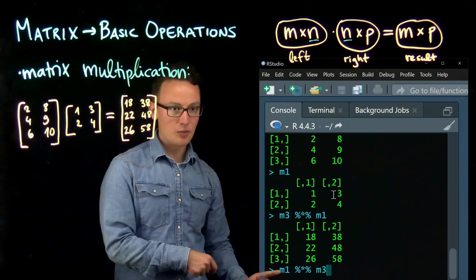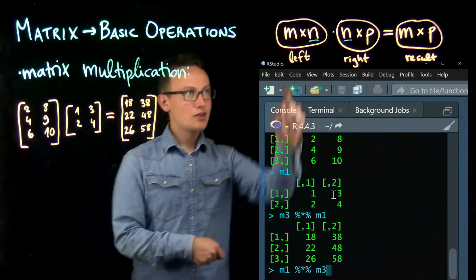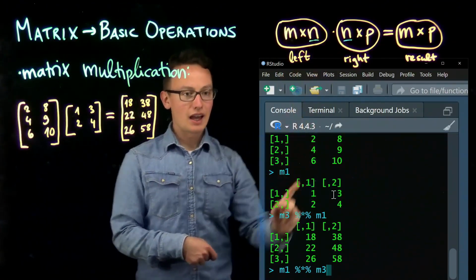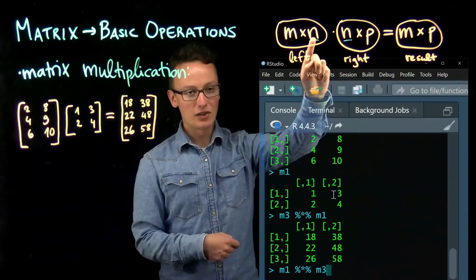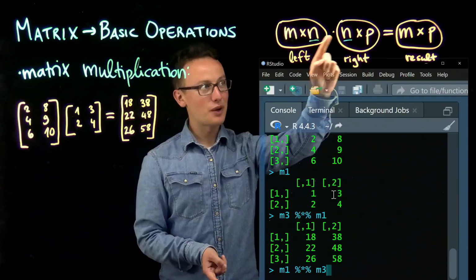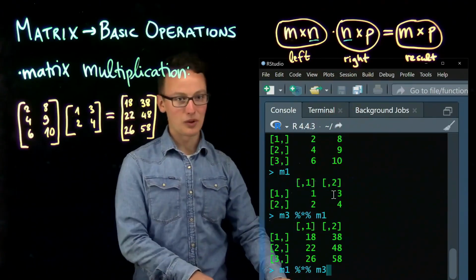Why? Because M1 is a 2x2, so n would be 2. But M3 is a 3x2, so n would be 3. So you can't have n equals 2 on one side, but n equals 3 on the other. That will give us an error.